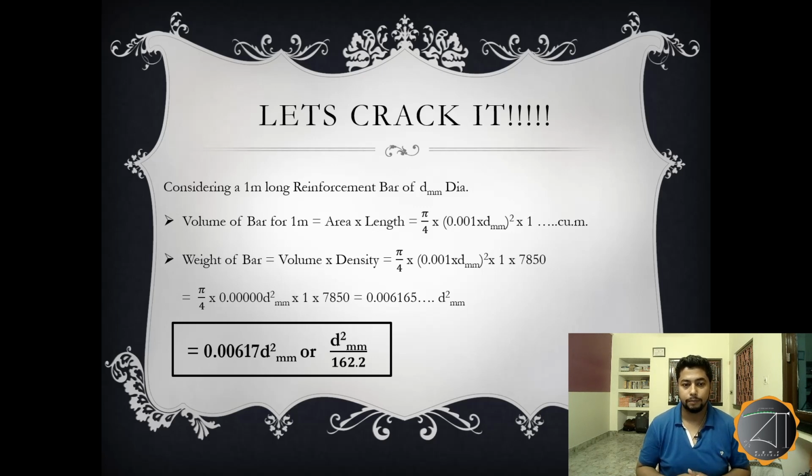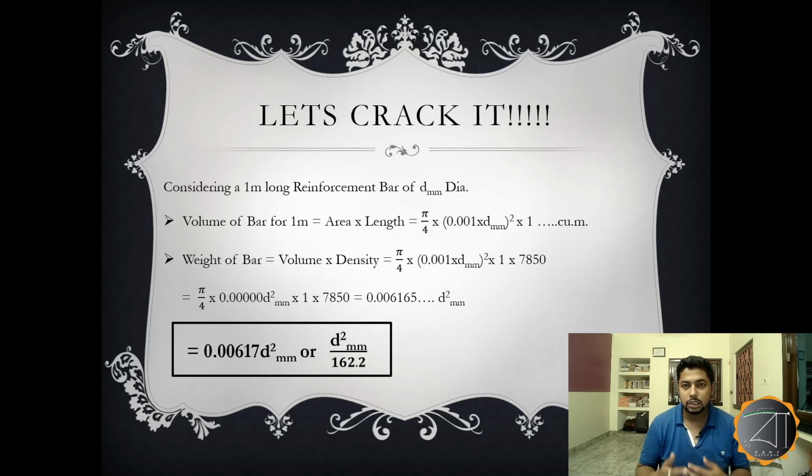The weight of the bar will be the volume multiplied by its density. Simple. So the volume we already know, pi by 4 multiplied by (0.001 d mm) whole square, multiplied by 1, into density 7850.